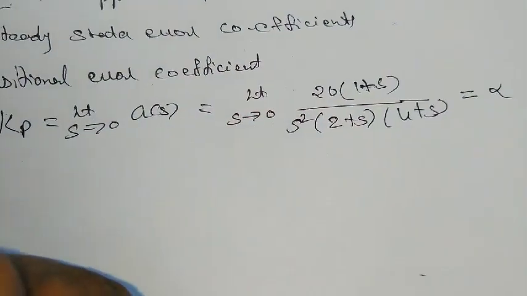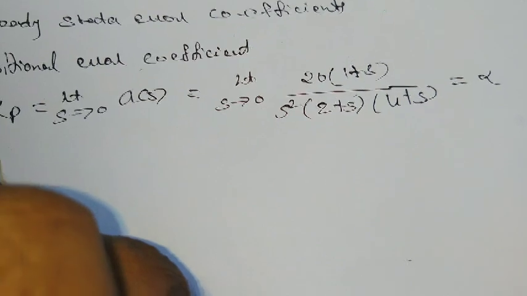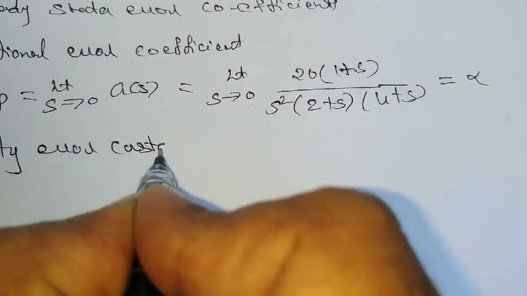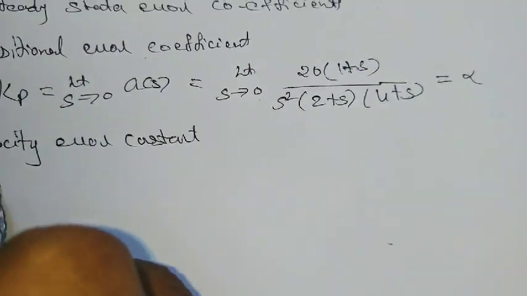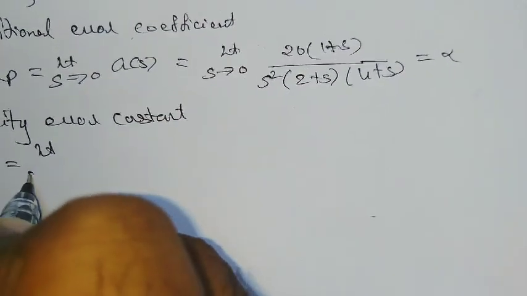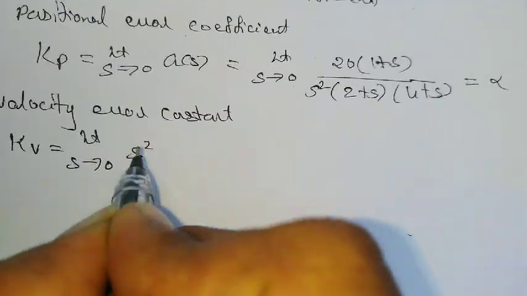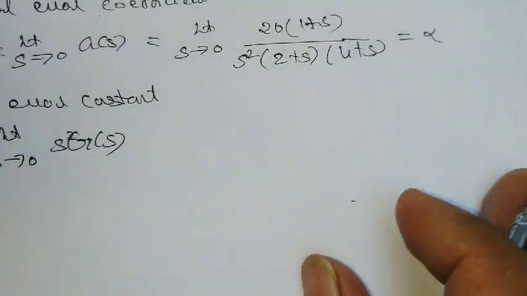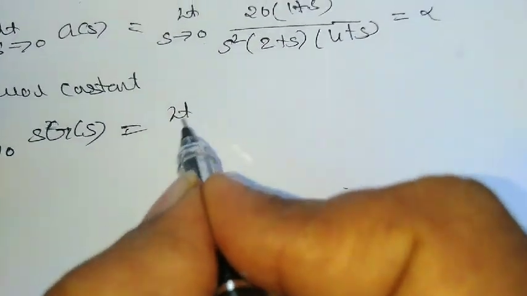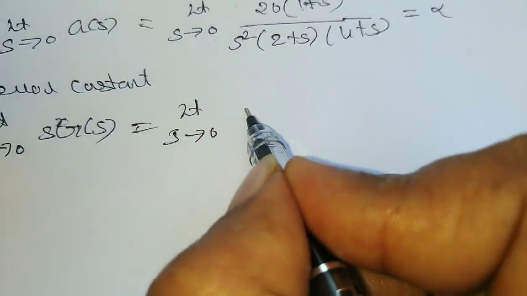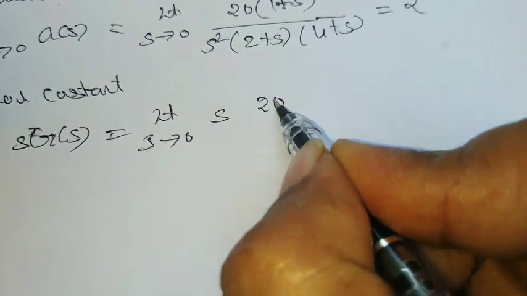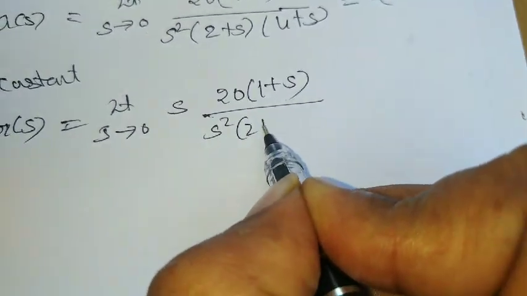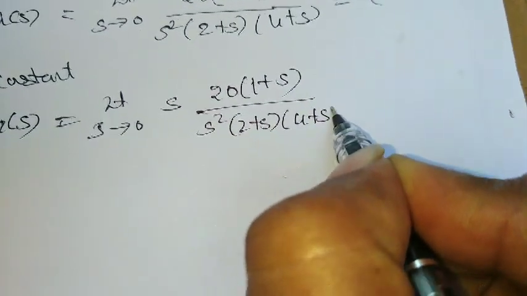Next, velocity error constant or coefficient, Kv, which is limit s tends to 0 s into G(s). So limit s tends to 0 s, substituting G(s), 20 into (1 plus s) divided by s square into (2 plus s) into (4 plus s).